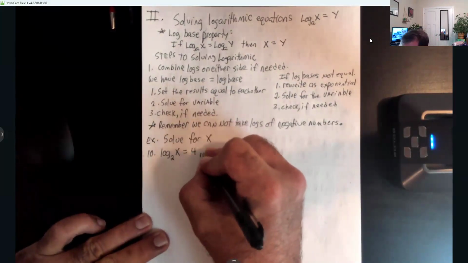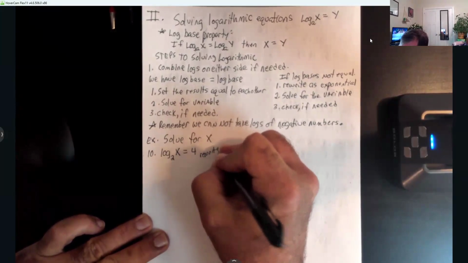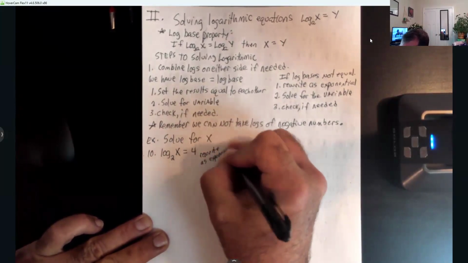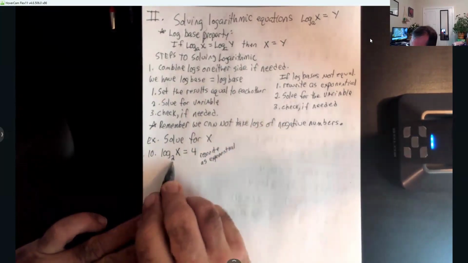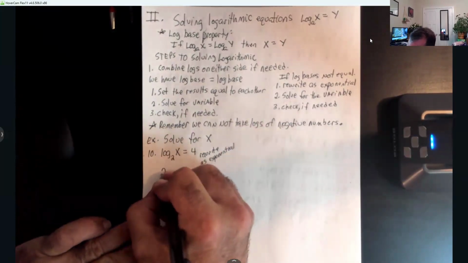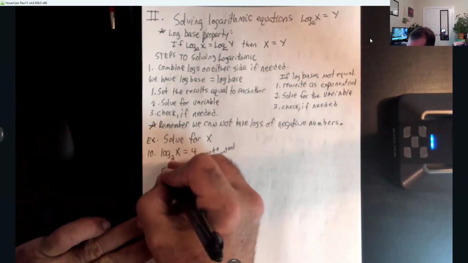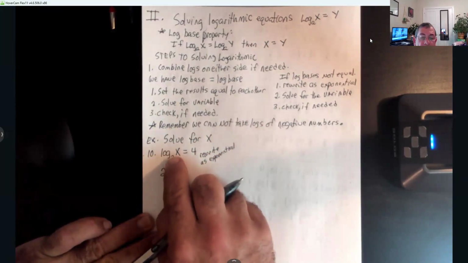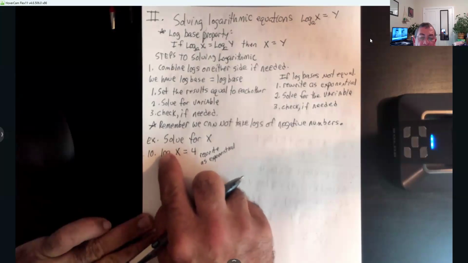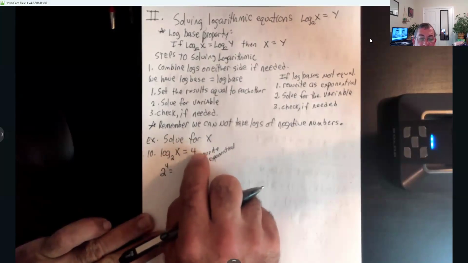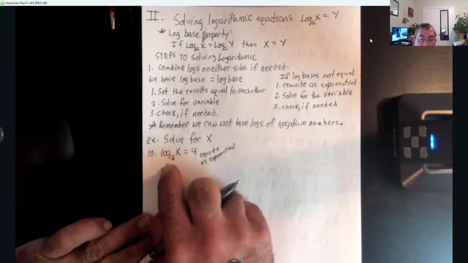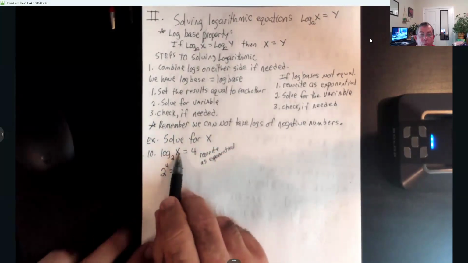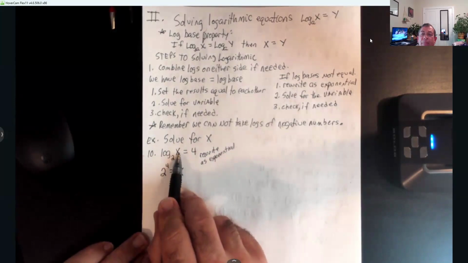So I'm going to rewrite this as exponential. So the base is 2. The exponent is 4. Because you got to remember the base and the result, evaluating this gives you that exponent. So the right side on the log is always the exponent. And all that's going to equal the result, which was my x. Okay.